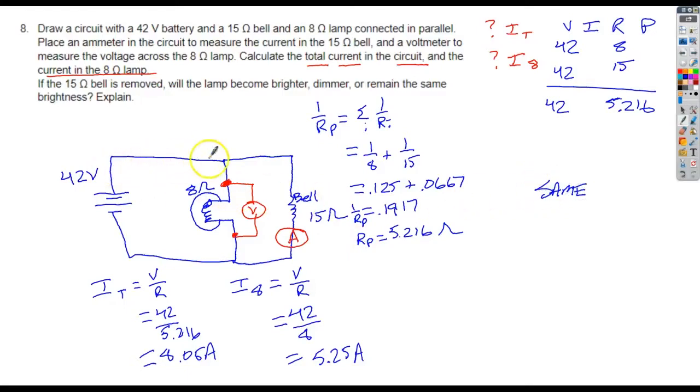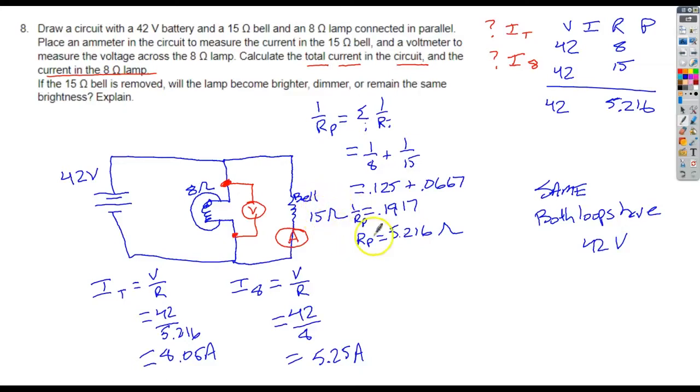And it's because we have two loops here, and each one of the loops have 42 volts. So both loops, according to the loop rule, have 42 volts. So removing the bell will not make any difference there. Okay.